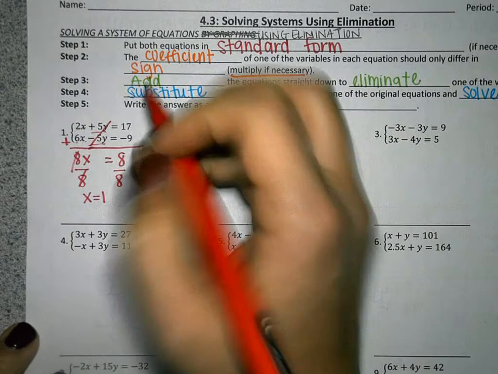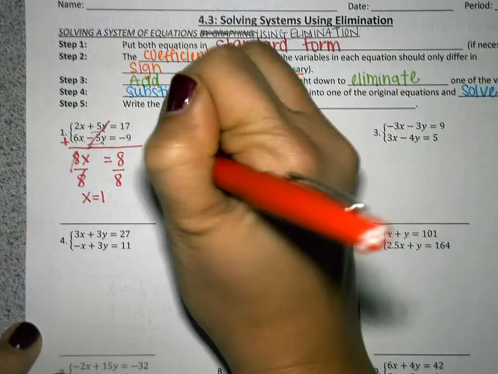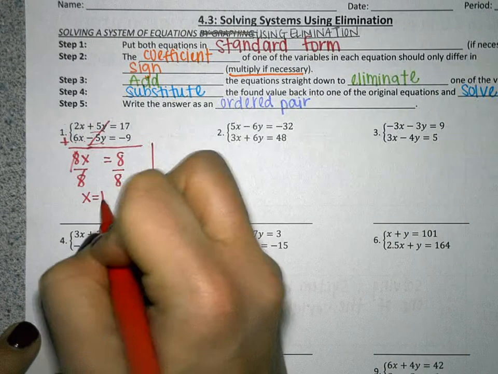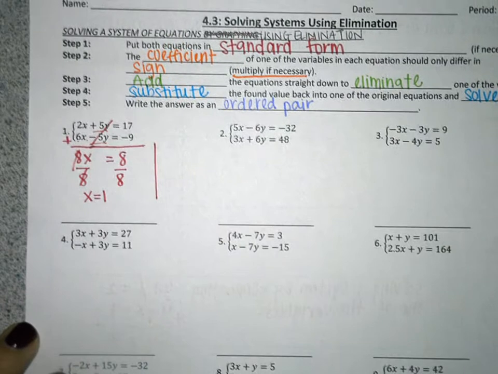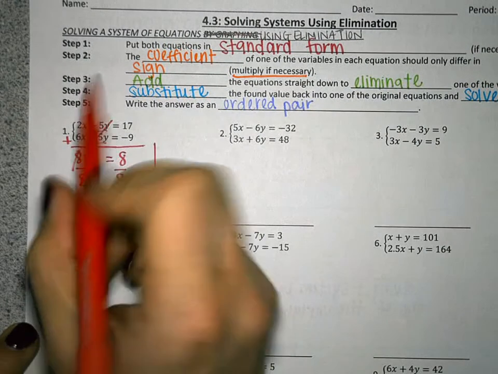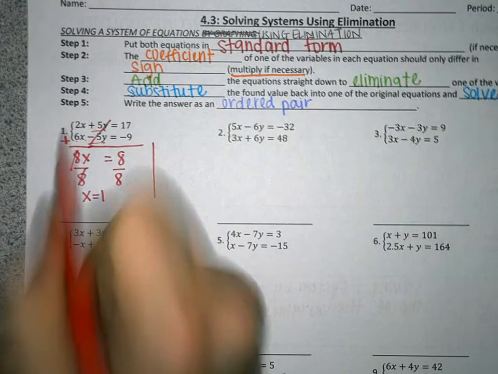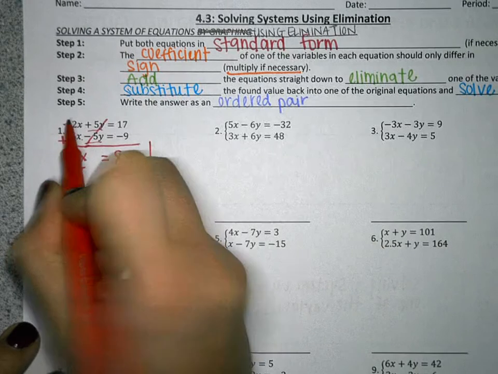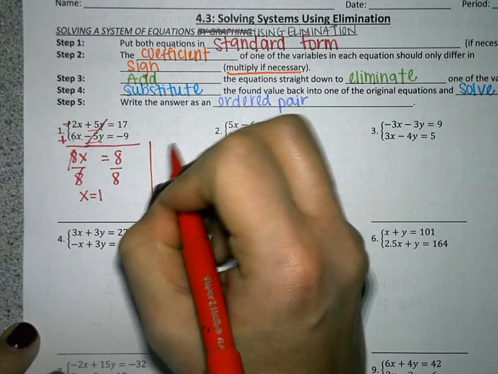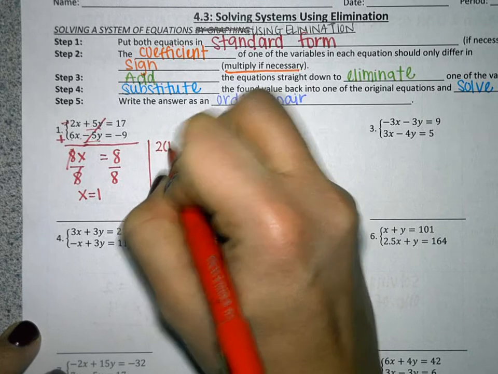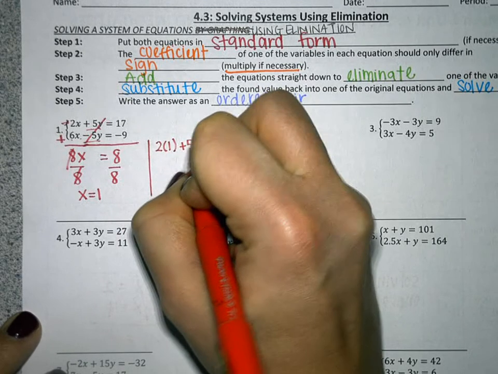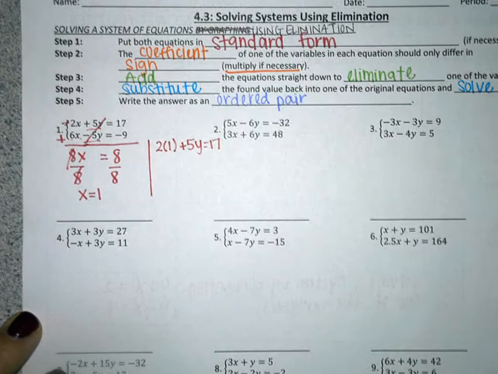But I have to solve for y too. Here I only have the x. So I'm going to take this x equals 1, and you can plug it back into either of the original equations. It does not matter which equation you plug it into. I'm going to plug it into the first one, 2x plus 5y equals 17. So that's going to give me 2 times 1 plus 5y equals 17.